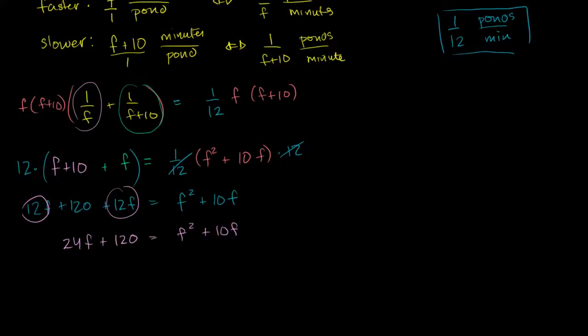So from both sides of this equation, let's subtract 24f and subtract 120. The left-hand side just becomes 0. That was the whole point. Right-hand side is f squared. 10 minus 24f is negative 14f minus 120.